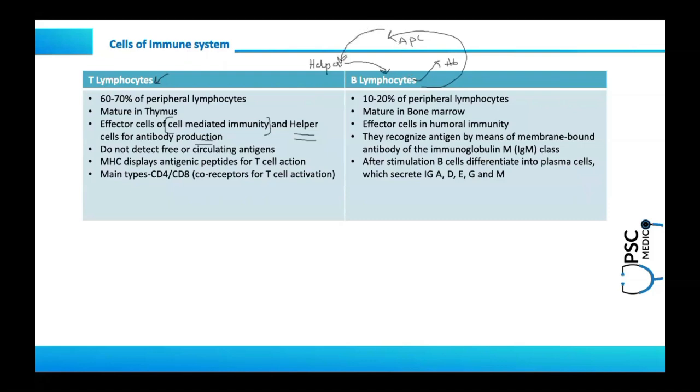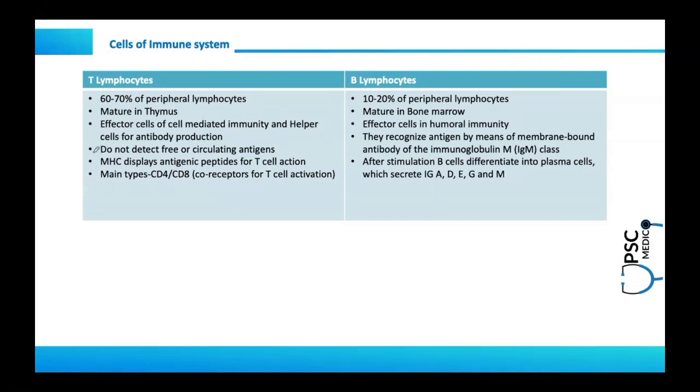Whenever there is an antigen, it takes the help of helper T cell and it will produce antibodies. So this is how the cycle runs. T lymphocytes also have a role in humoral immunity, but not directly, they only help. That's the reason we call them helper cells, which help in antibody production. Humoral immunity is production of antibodies, and what type of antibodies are produced, how they act, the classification, the mechanism of action, we discussed yesterday.